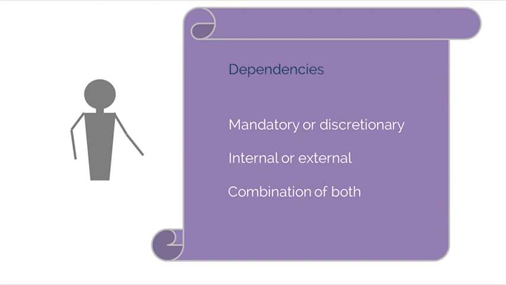Internal dependencies involve a precedence relationship between project activities and are generally inside the project team's control. For example, you know that drywalling a wall should be complete before the painting can start. Note that this is also an example of a mandatory dependency. It's important that the project management team determines which dependencies are internal during the process of sequencing the activities.